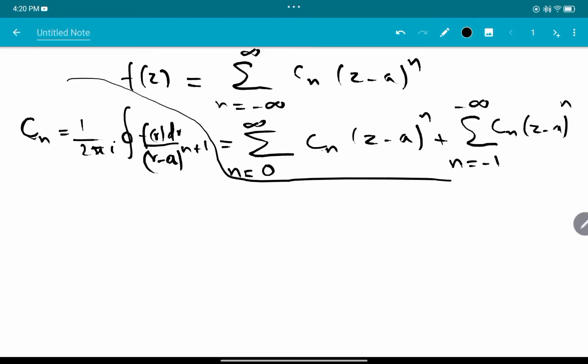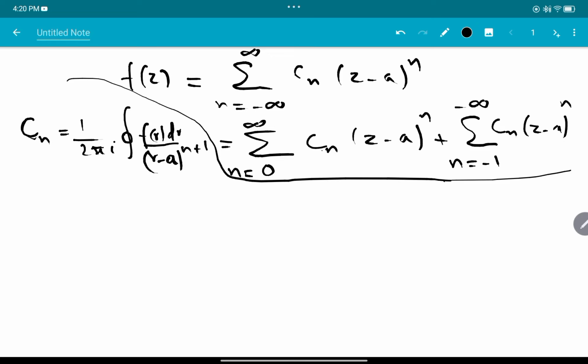But there are other ways people can express this Laurent series. One of the popular expressions is obtained by replacing this index here. Suppose you are having n running from -1 to -infinity.